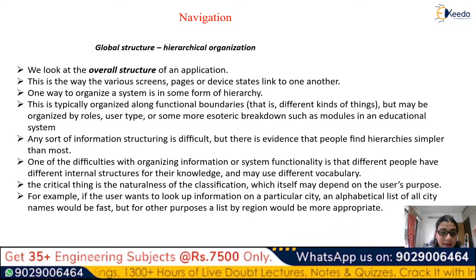The critical thing is the naturalness of the classification, and people may use a different vocabulary. See, the word vocabulary is repeating again and again. Why do you think this vocabulary is repeating? Because, again, the word plays an important role.